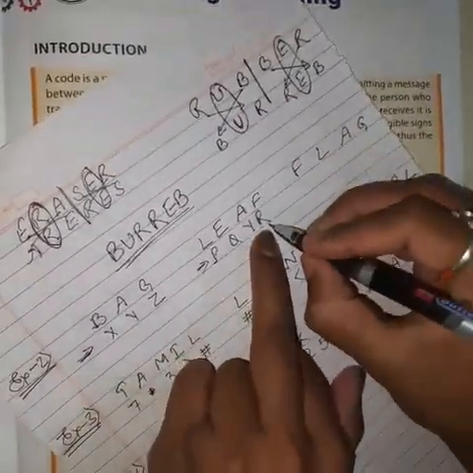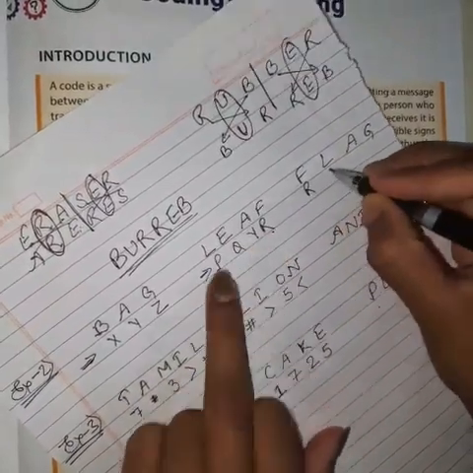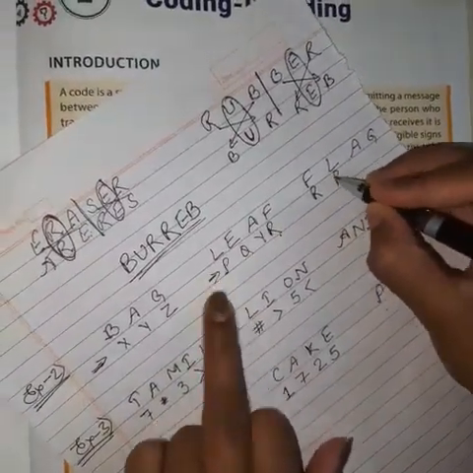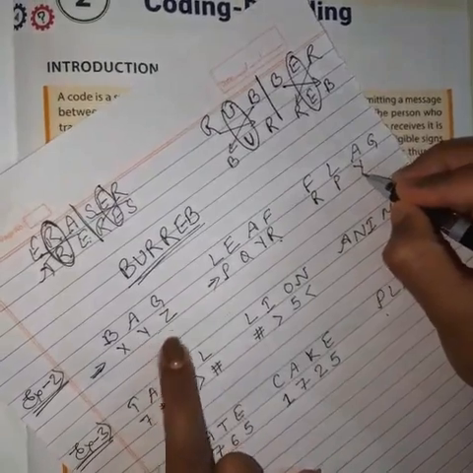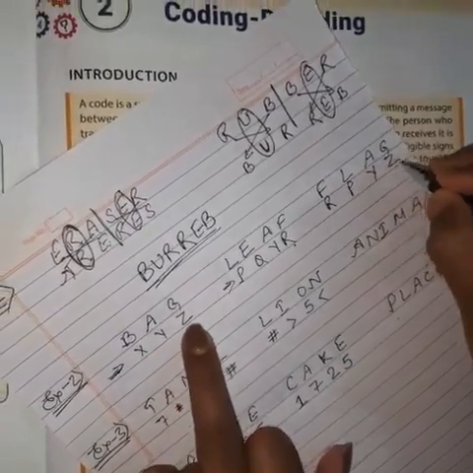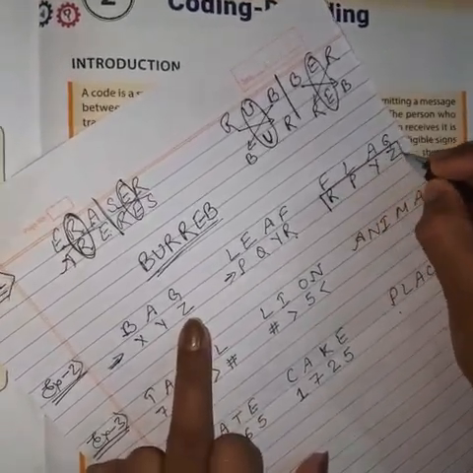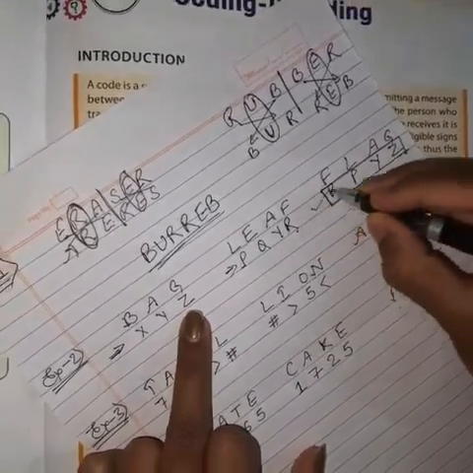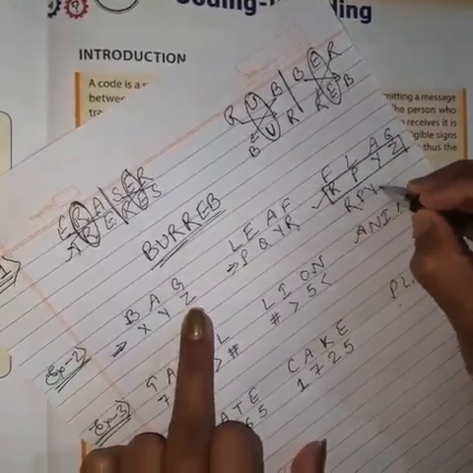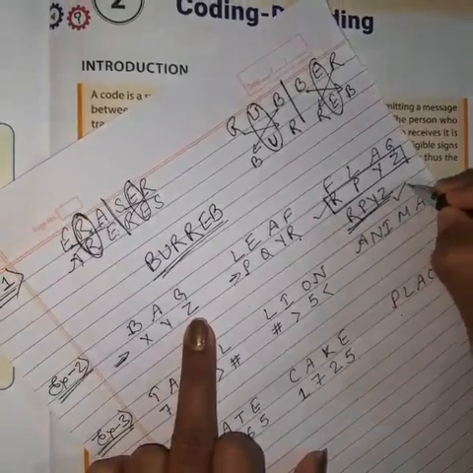So F is coded as R, L is coded as P, A is coded as Y, G is coded as Z. So the right answer is R, P, Y, Z.